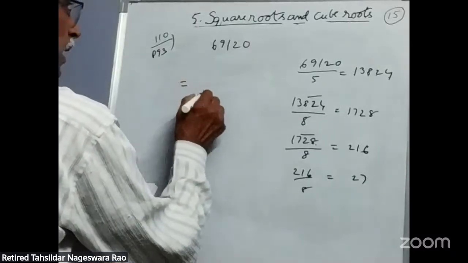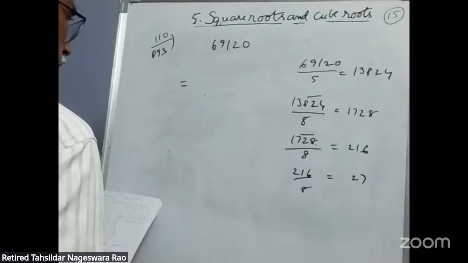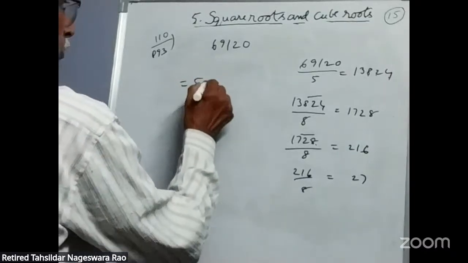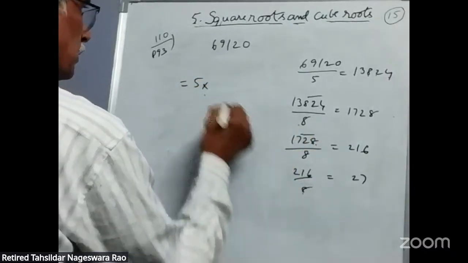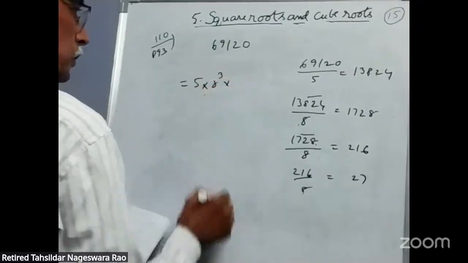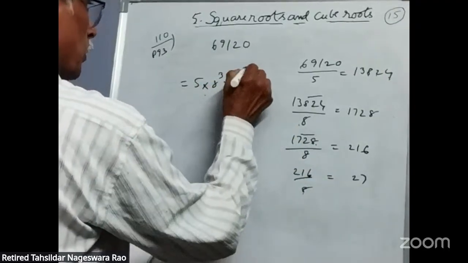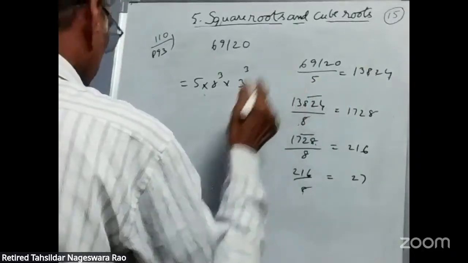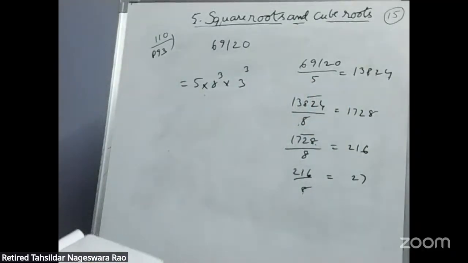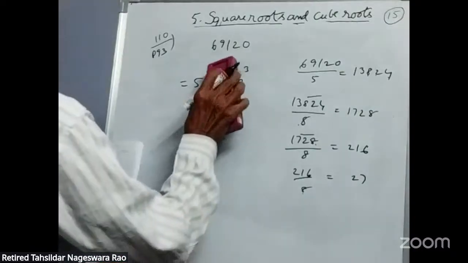Now I can write here 5 into 8 cube into 27, which is 3 cube. We want cube roots. First it should become a perfect cube, by multiplication by some number we will decide finally. So this is a cube, this is a cube.